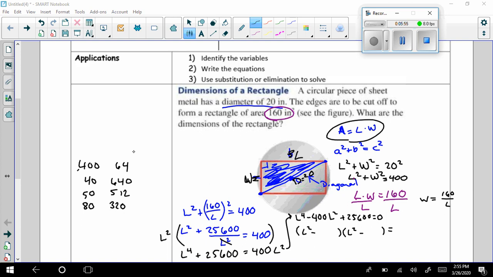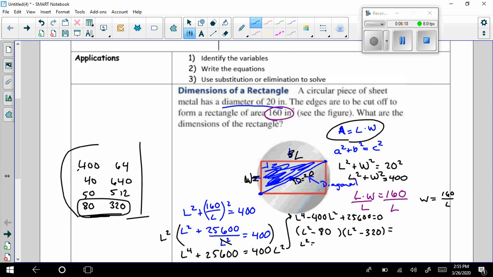I factored out to the side. You didn't need to watch me do all that. So 80 and 320 are our factors for this. Minus 80 minus 320 will multiply to 25,600 and add to negative 400, which means that L squared is equal to 80 and L squared is equal to 320.